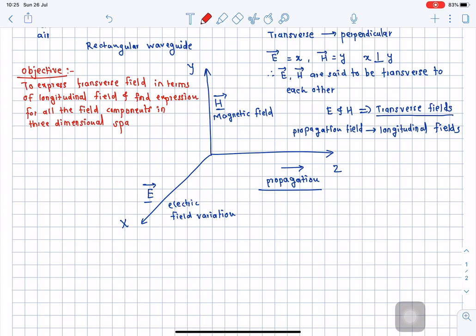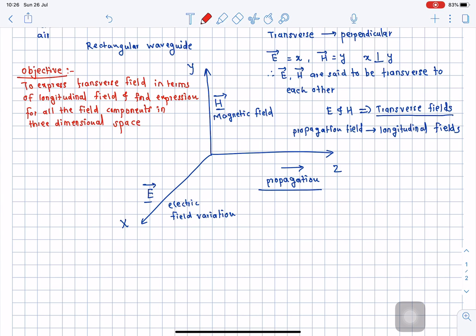I will elaborate on the objective of this derivation. The objective is to develop equations for the transverse field components expressed in terms of the longitudinal field component, which together will give us the total field components in three-dimensional space.